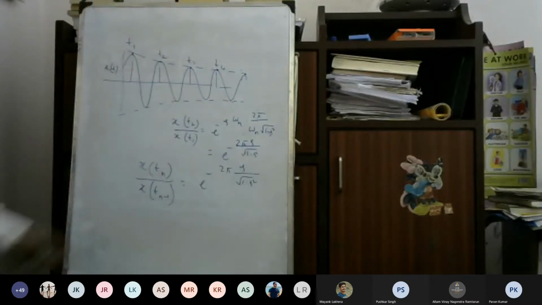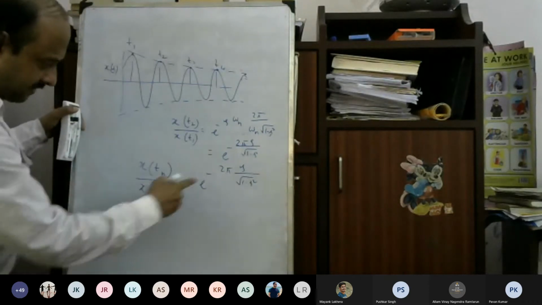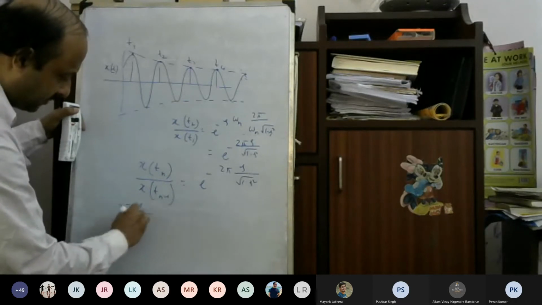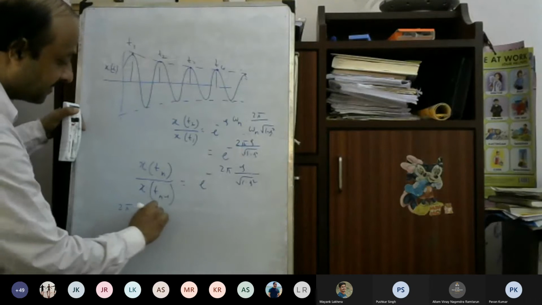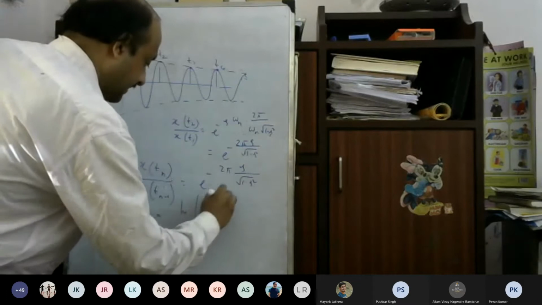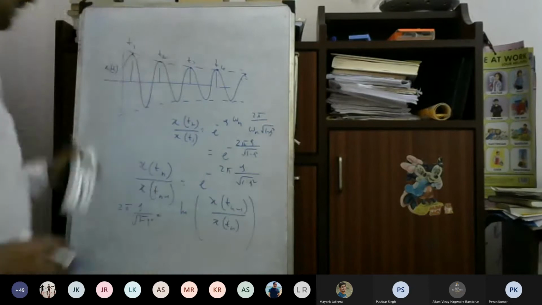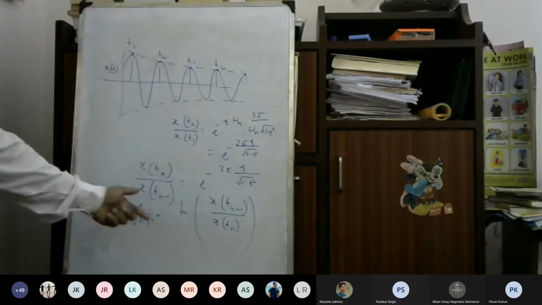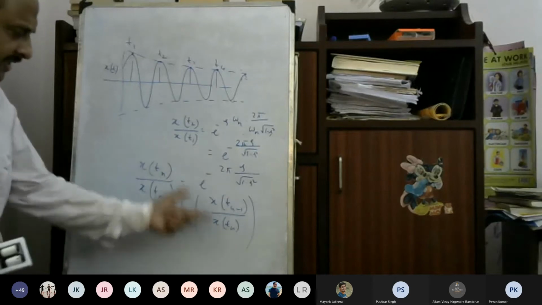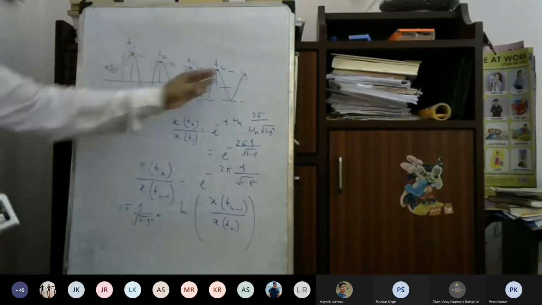If you take the natural logarithm of both sides, you get 2 pi zeta divided by under root 1 minus zeta square equal to ln of x(tn minus 1) by x(tn). So this gives us one way to measure the damping, because we are always measuring the maximum value of the response whenever it appears.